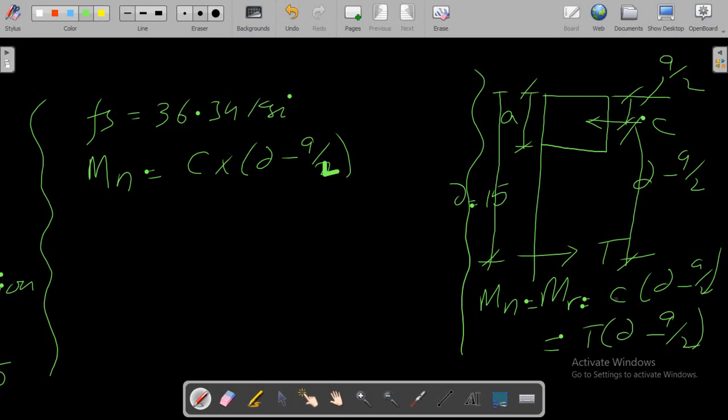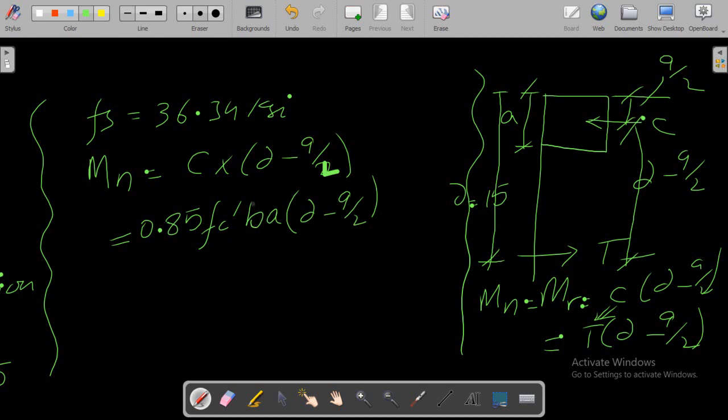So that is why we are using this equilibrium equation, and we will calculate the value of C. We know the C value, that is 0.85 fc prime times b times a times d minus a over 2.